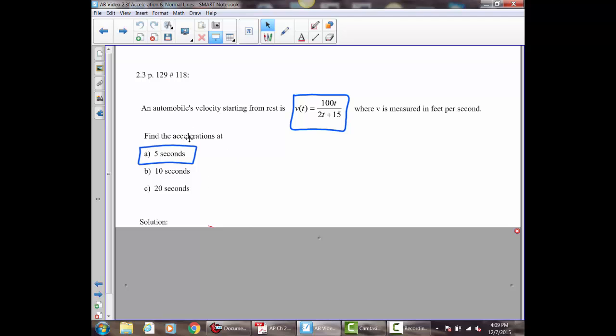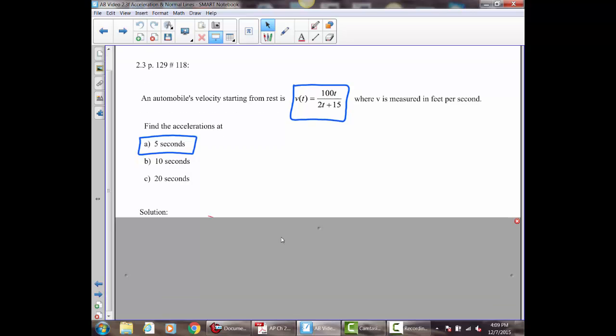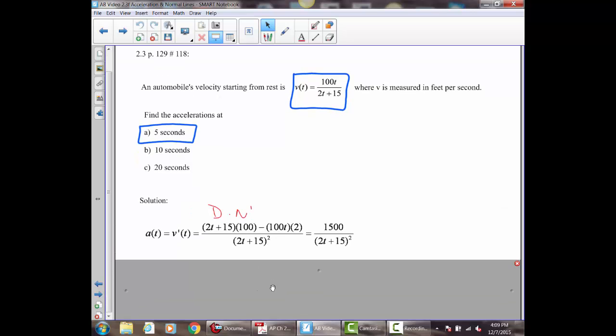So remember, the acceleration is the derivative of the velocity function. So we're going to do a quotient rule on the velocity function. Acceleration is the derivative of velocity: denominator times derivative of numerator, etc. Simplify, that's 200t minus 200t, which is gone. You're left with 1500 over (2t plus 15) squared.